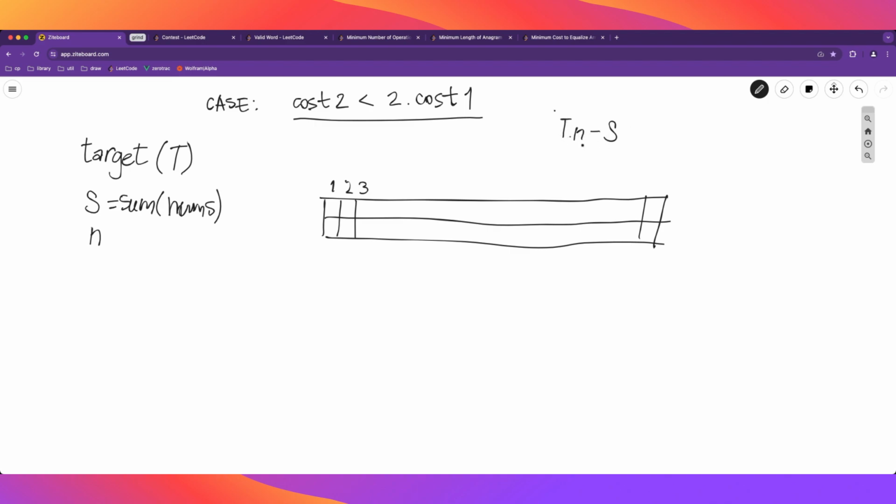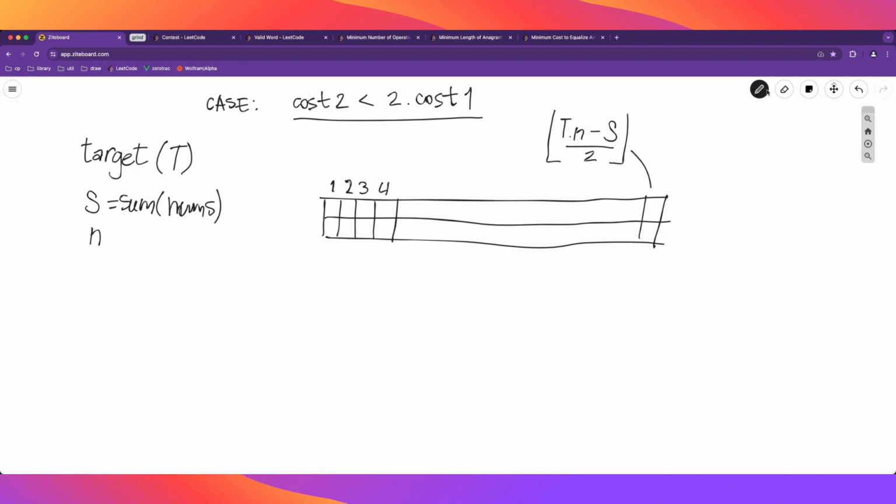We have to divide this by 2 to get how many operations of cost 2 we can do at most. This is going to be the total number of operations of cost 2 that we want to do to minimize the total cost. Okay, so let's say we have here all the operations.